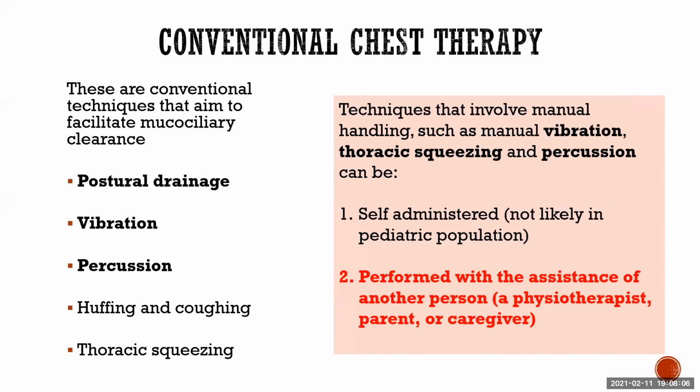We use vibration, percussion, and squeezing. Basically, we use our hands on the patient to help remove the secretion. That's why it's important for us to know which part of the lung is particularly affected, so that we can target the specific part. It is manual handling involving vibration, squeezing, and percussion.